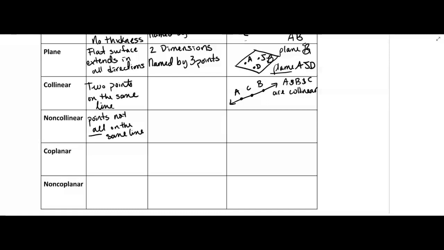And we saw this in class. Some of you drew like a triangle, like A, B, and C. There's no way to draw a single straight line that would pass through all 3 of these points. So we would say A, B, and C are non-collinear.